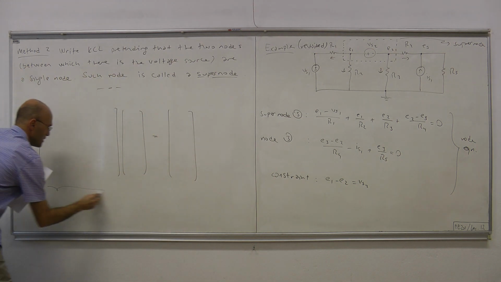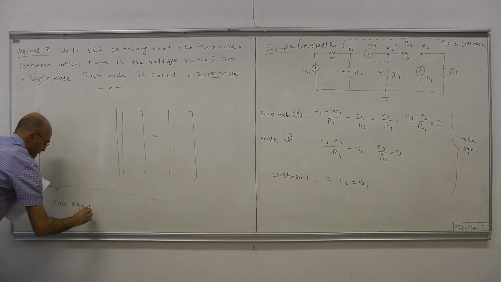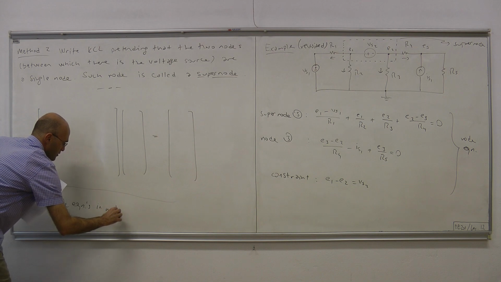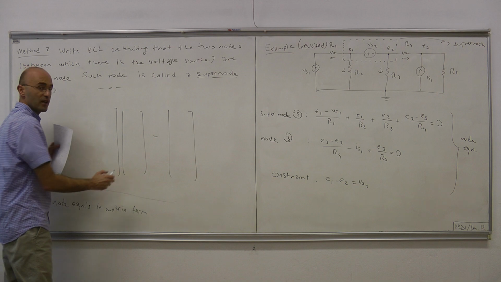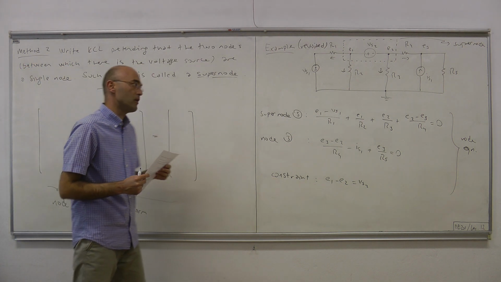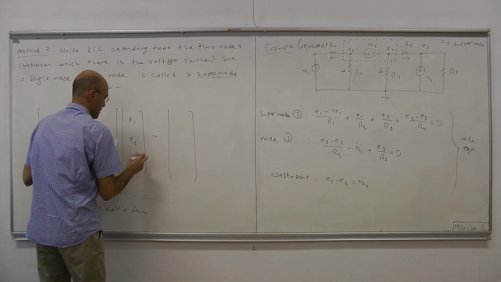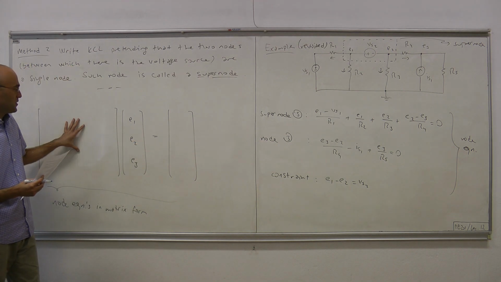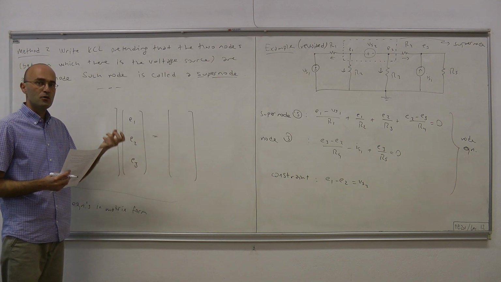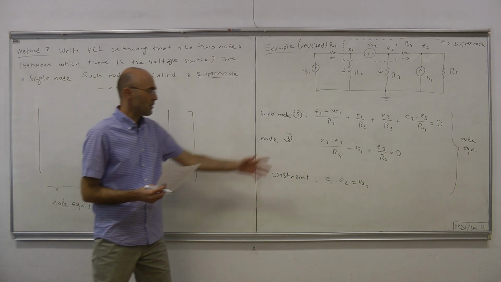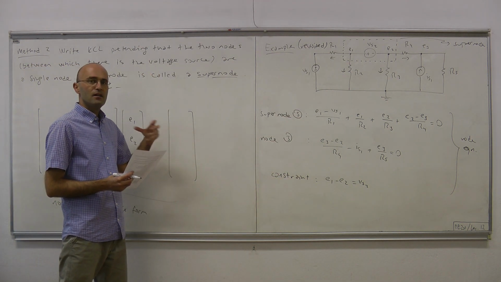Okay, so these will be called node equations in matrix form. Where this vector contains our formulation variables or the unknowns. In this case, we have 3, E1, E2, E3. This is a 3 by 3 matrix whose entries are coming from the circuit parameters, or in particular coming from those 3 equations we wrote down. And here we collect the knowns.